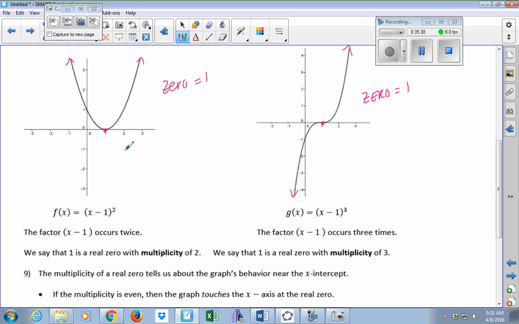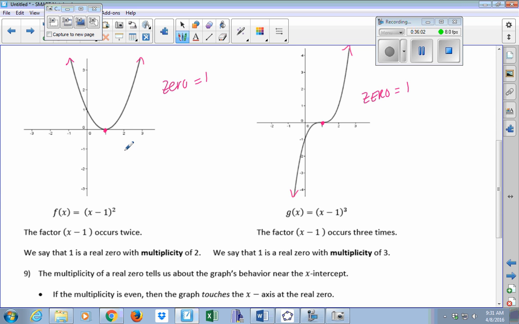When that happens, we say this factor occurs twice. At that zero, it's going to stay. If it was positive before the zero, your output's going to stay positive. You just touch it. When this factor occurs 3 times, it's odd. In this particular case, the function approaches that zero, flattens out, and then changes sign.